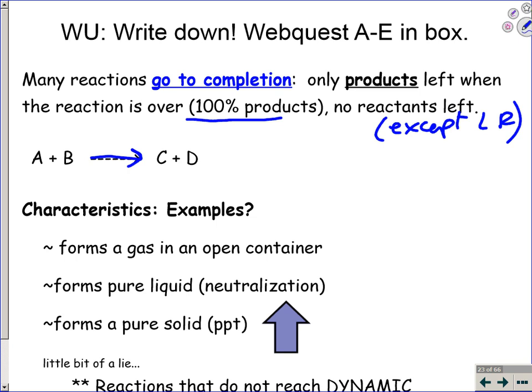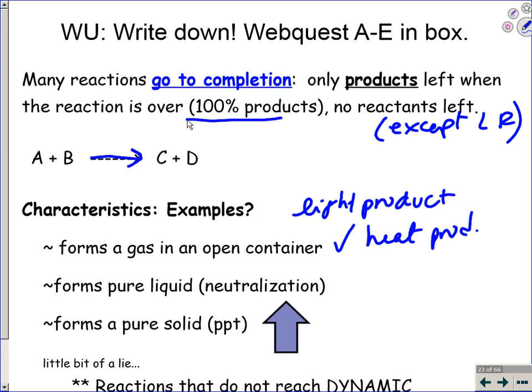What were some evidences, and as you can see here, these are some evidences plus some that you're going to tell me now, that indicate a chemical reaction has occurred. I got formation of gas. Okay, what else? Some other characteristics that show a chemical reaction has occurred. Light production. Heat production, I heard. What else? Color change potentially, right? We'd have to look to see if it's a physical or chemical change.